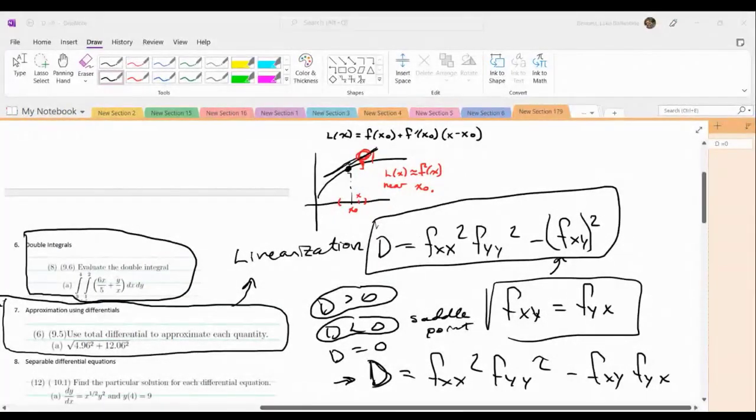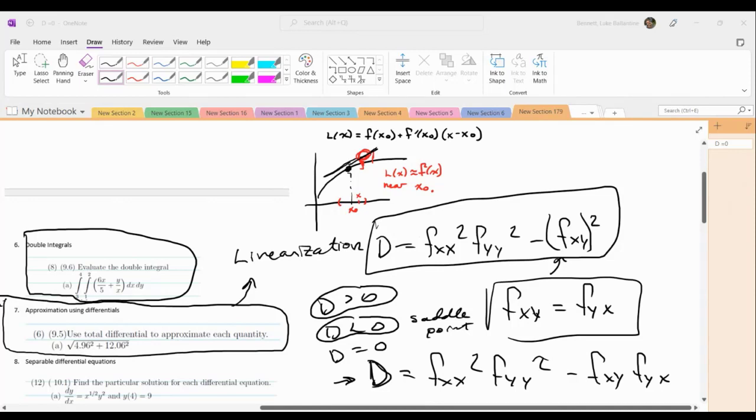So if we were using a straight line for the linearization in single variable, what object will we use to do linearization in 2 dimensions, or I guess 3 rather?